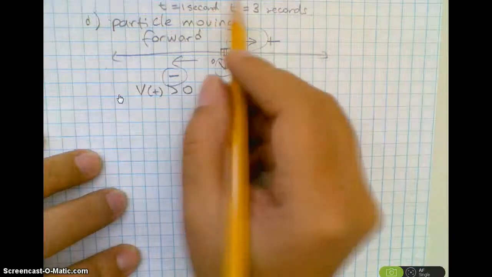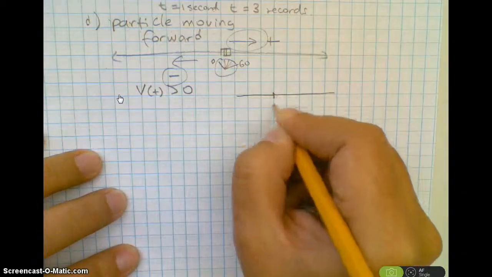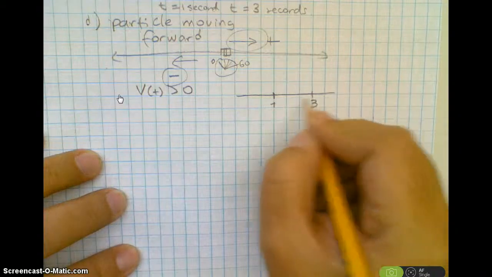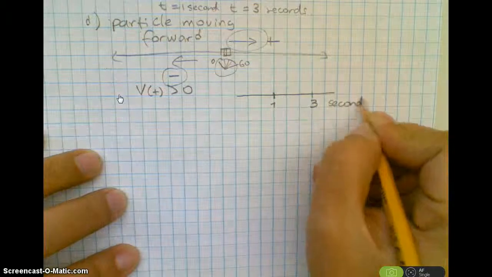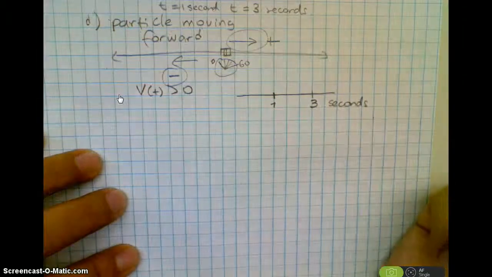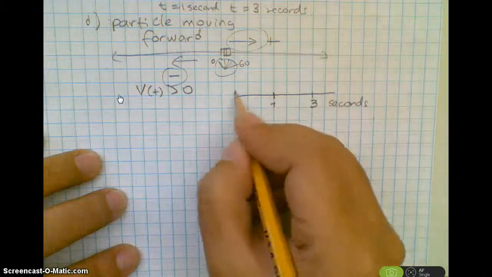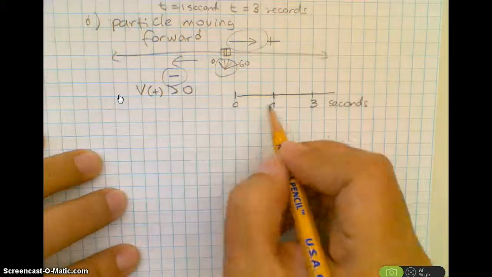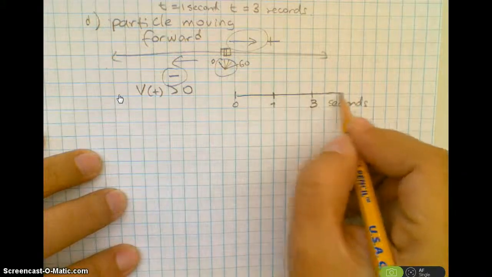So I know velocity is 0 at 1 and at 3, not in terms of position, but in terms of seconds. Okay, so I just want to know the sign of the velocity between the beginning of time, which is 0 seconds, between 0 and 1, between 1 and 3, and after 3 seconds.